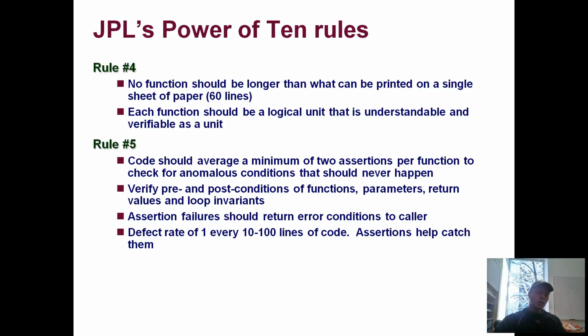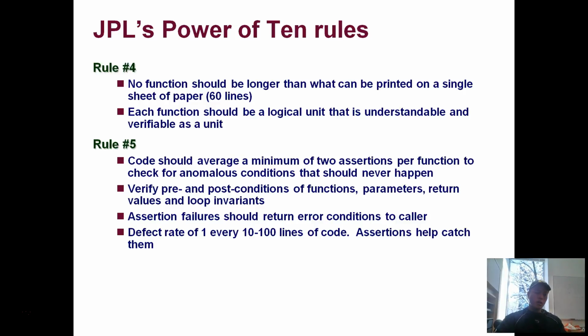And anytime an assertion fails, it should return these error conditions to the caller, and it should be checked, and it should be made to fail safe, basically fail in a safe condition.